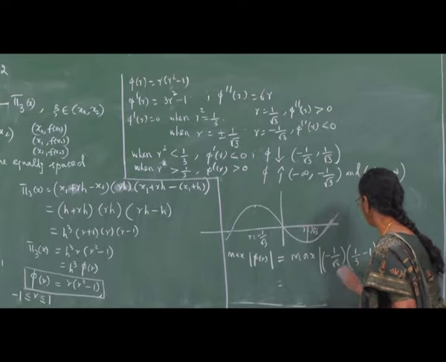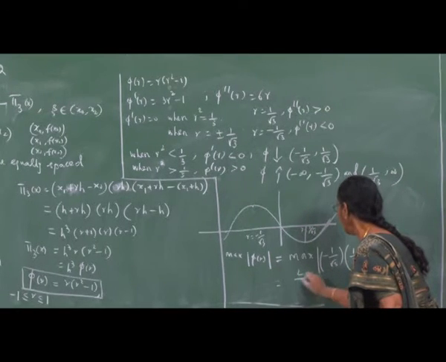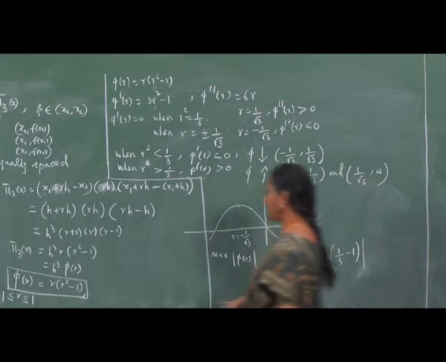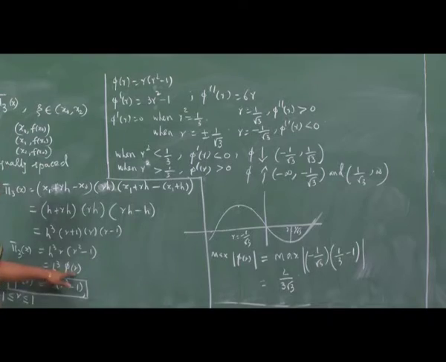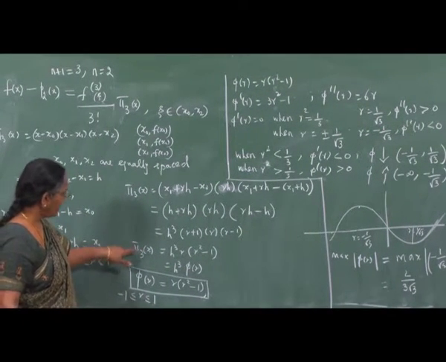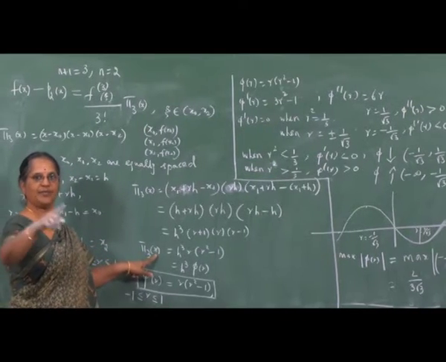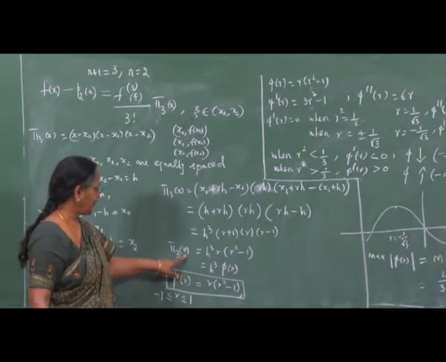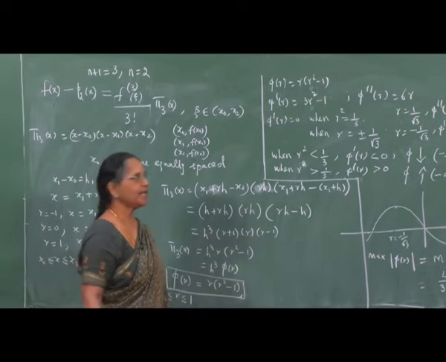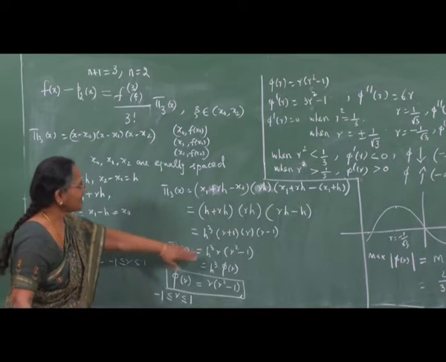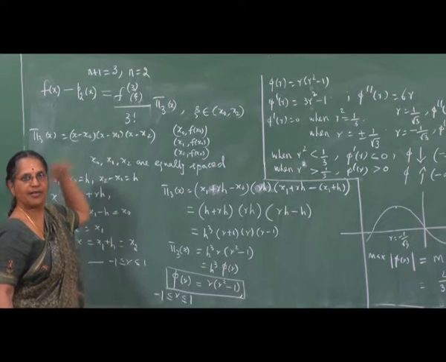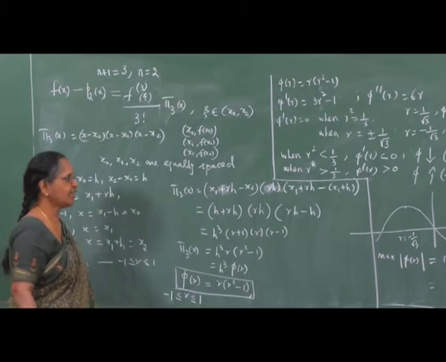So, that gives you 2 by 3 root 3. So, when I know maximum of modulus of phi of r, I can write down what is the maximum of pi 3 of x when x runs between x naught and x 2. So, it is going to be h cubed into 2 by 3 root 3. So, we shall make use of this here and obtain the error bound in quadratic interpolation.